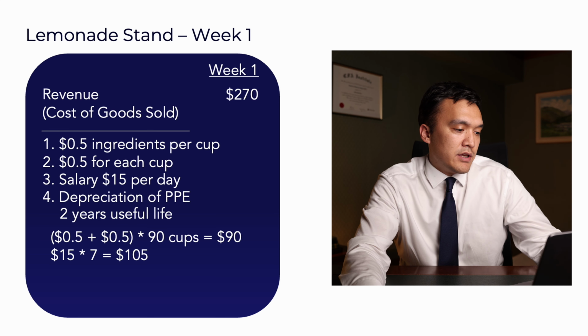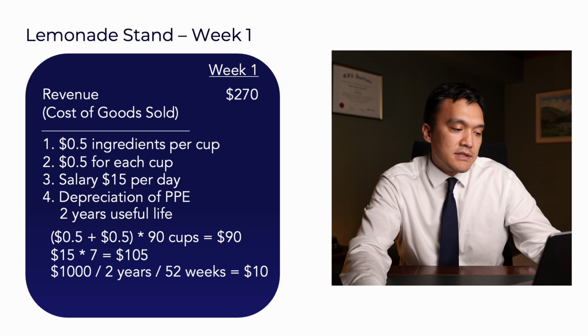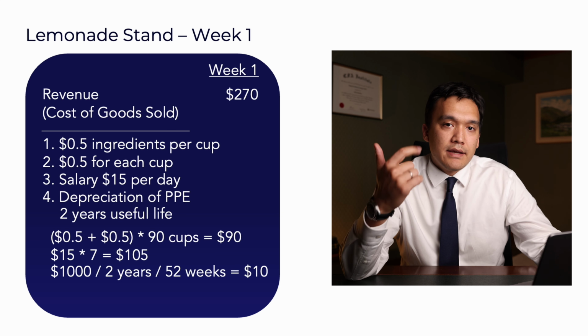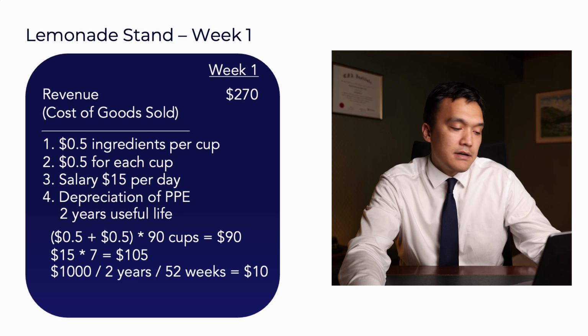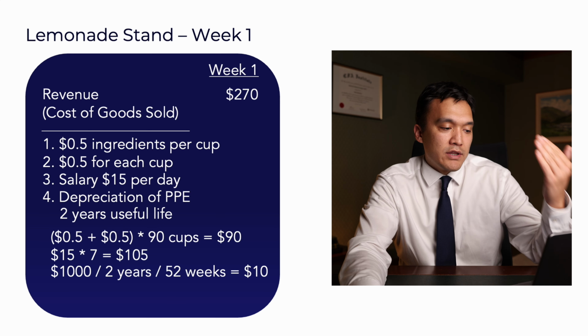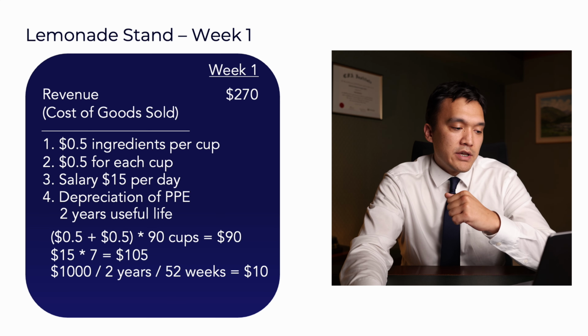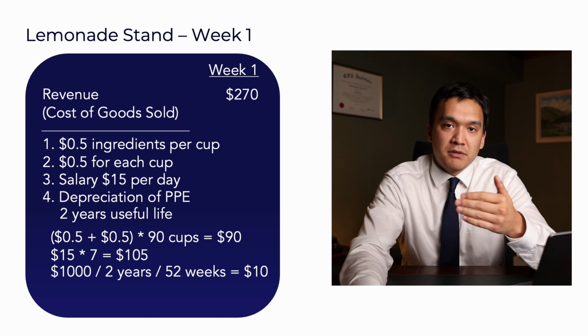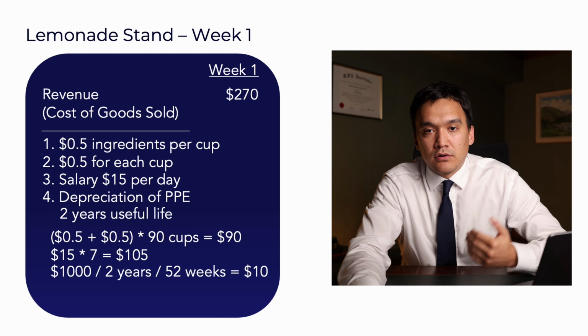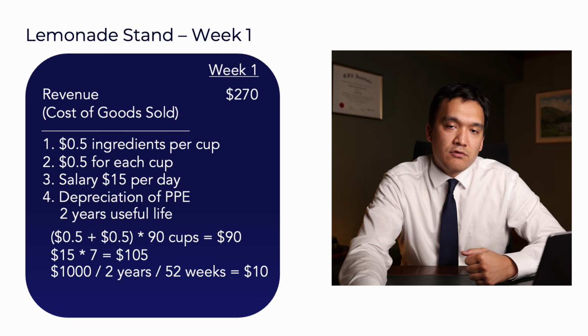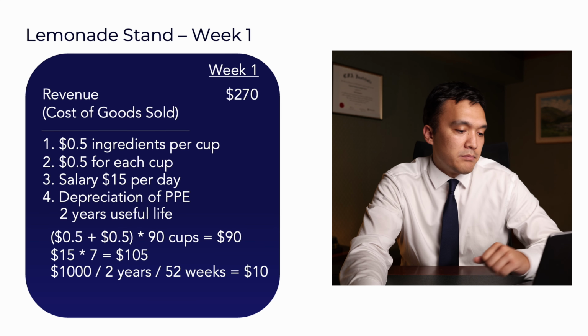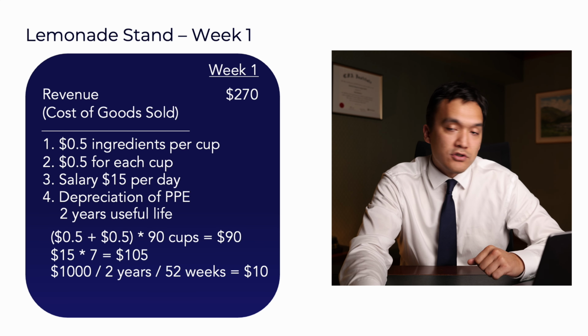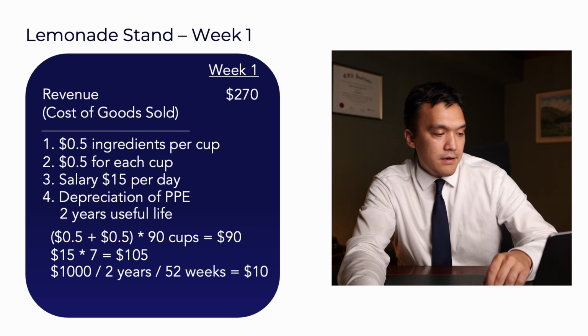So in our case, we have depreciation of our lemonade stand and of our equipment. If you remember, we had $1,000 of property, plant and equipment, our lemonade stand and the mixer. With 2 years useful life, if we divide 1000 by 2 years, we get our annual depreciation. And then if we further divide by 52 weeks, we get our weekly depreciation. So in this case, we have $10 of depreciation.